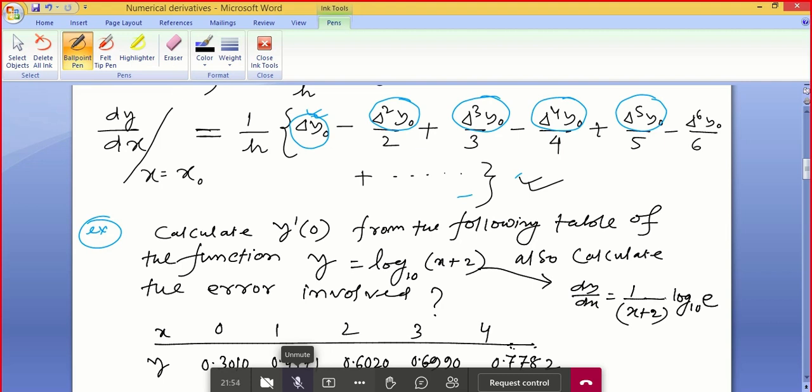So log 10e, isn't it? The question is you have to find dy by dx, that is y dot 0, the derivative at x equals 0. In place of x you just put 0, so that value will be 1 by 2 times log 10e. You just calculate with the help of a calculator what this value will be.